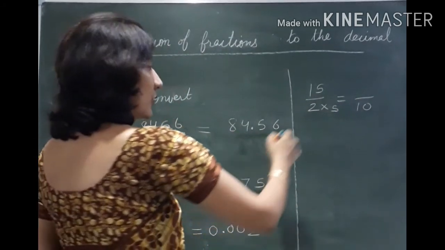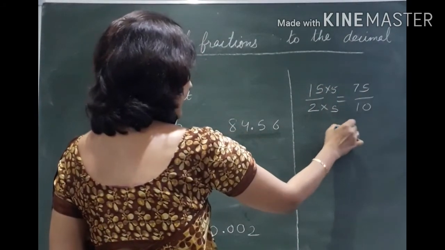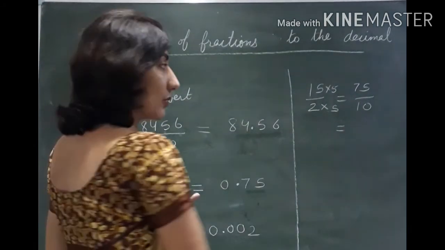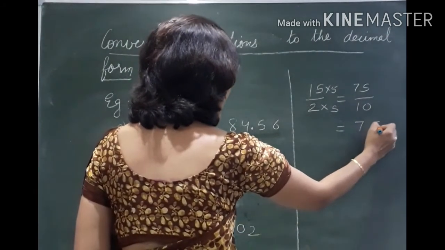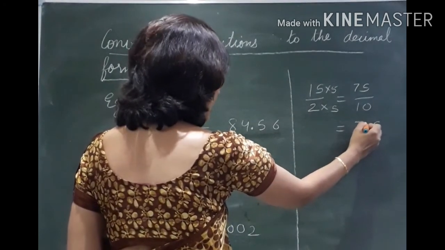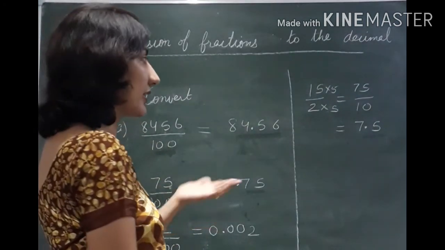Multiply by 5. So 15 also you will multiply by 5. So it is 75 by 10. Now see, I have got 10 in the denominator. Now to put the decimal, from the right-hand side I will leave one digit because there is only 1 zero. So it will become 7.5. Similarly, you can take more examples and try this.